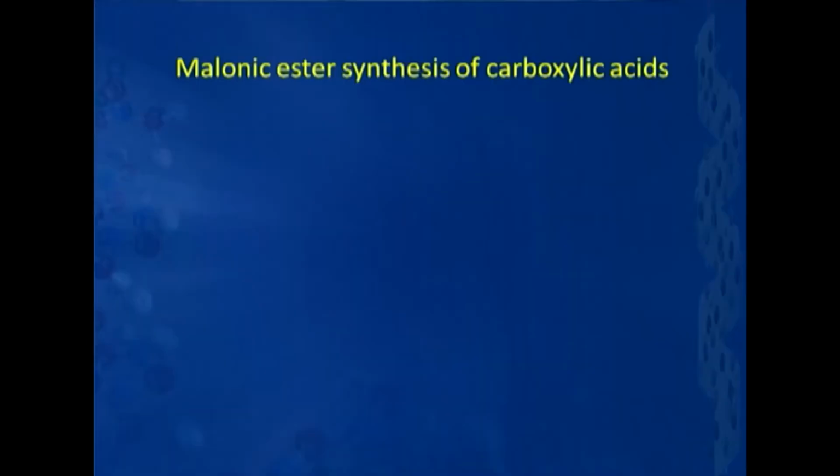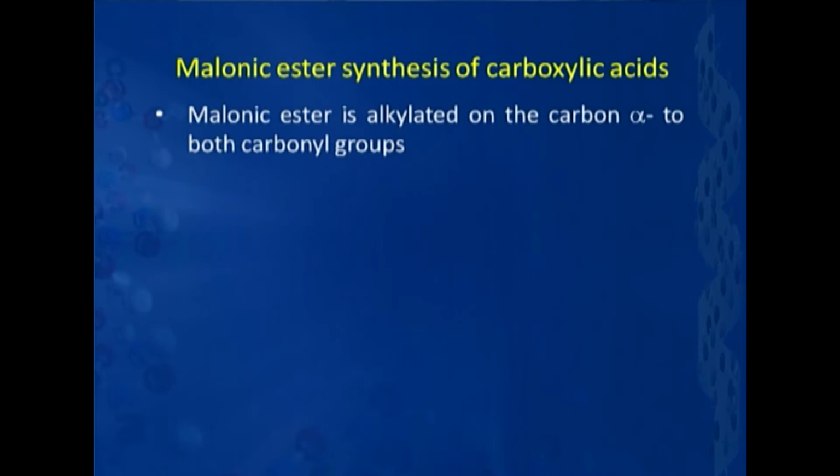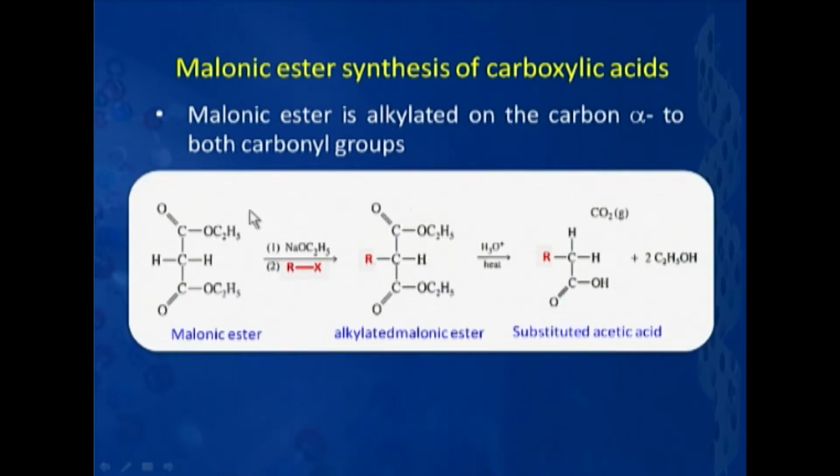The second method we have to recall here is the malonic ester synthesis of carboxylic acids. In this method, we take malonic ester, and we alkylate it on the carbon atom which is alpha to both carbonyl groups. That means these are my two carbonyl groups here, and this is my carbon which is alpha to them.